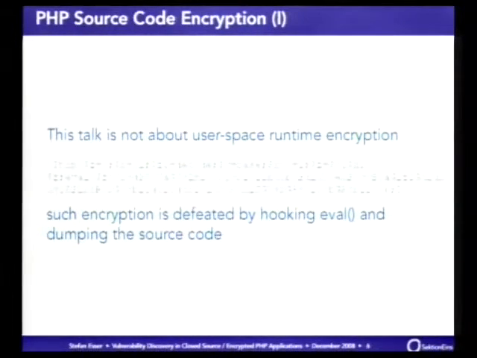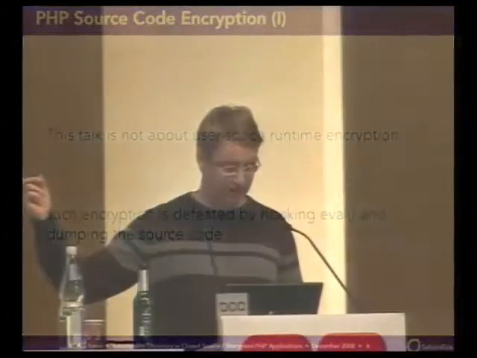When I speak about encrypted PHP applications, I don't mean encryptions where they just create some obfuscated PHP code and then call the base64 decode function to decode some string and then evaluate the string.